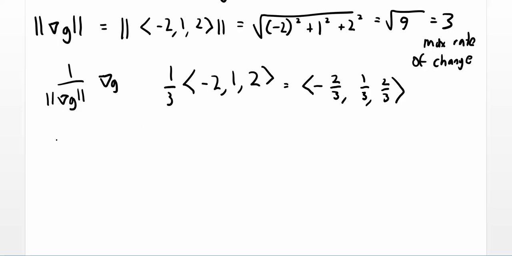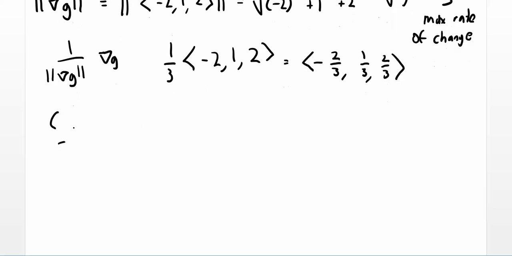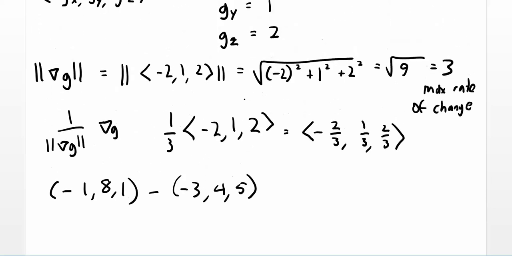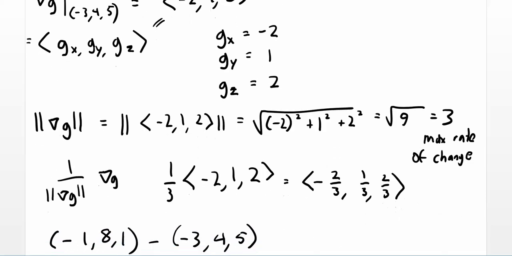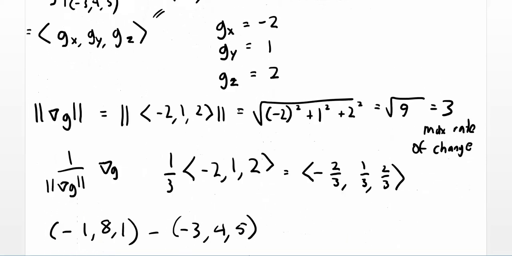I'm going to use some poor notation here: <-1, 8, 1> minus <-3, 4, 5>.